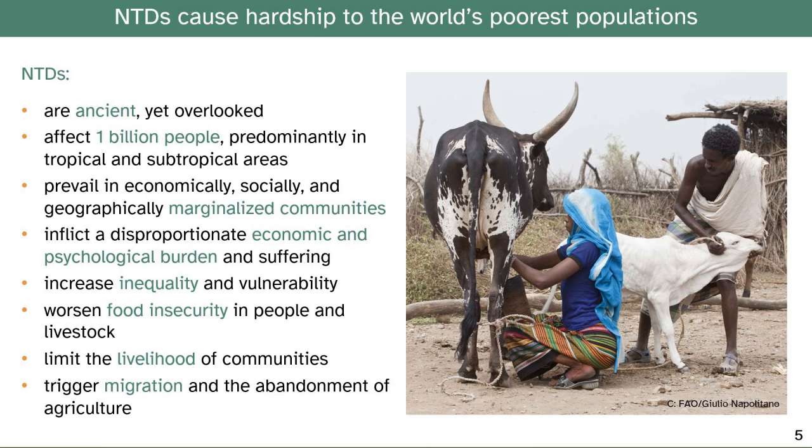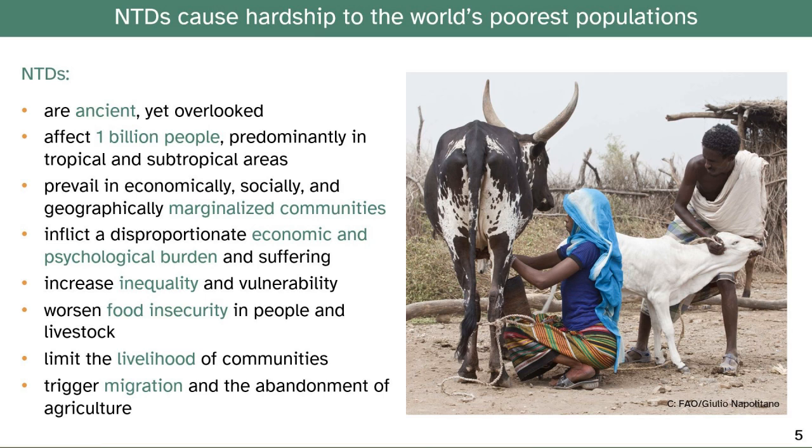NTDs cause hardship to the world's poorest populations, and this happens for several reasons. Let's see what they are. These diseases have been known for centuries, but still, they often remain overlooked. Worldwide, they affect 1 billion people, mainly in tropical and subtropical areas, and they prevail in economically, socially, and geographically marginalized communities.